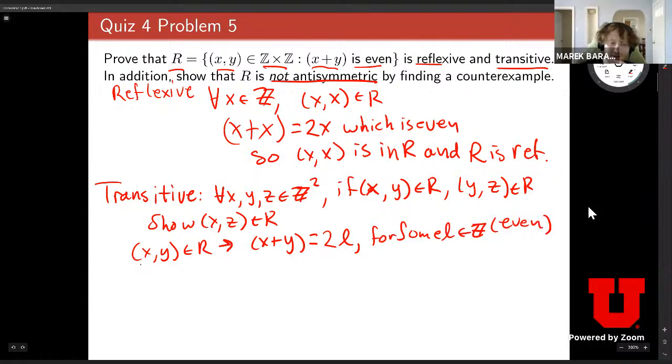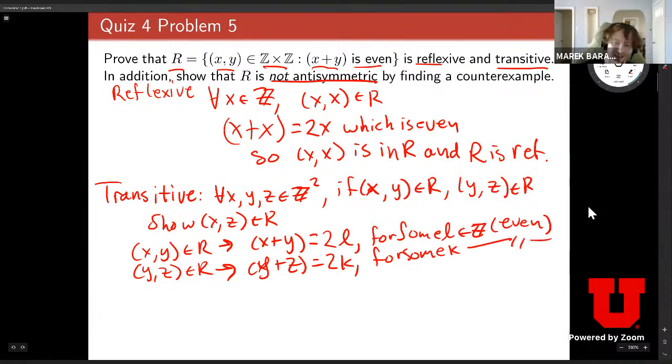And similarly, (y, z) in the relation means that y plus z equals 2k for some k in the integers, because it's even.